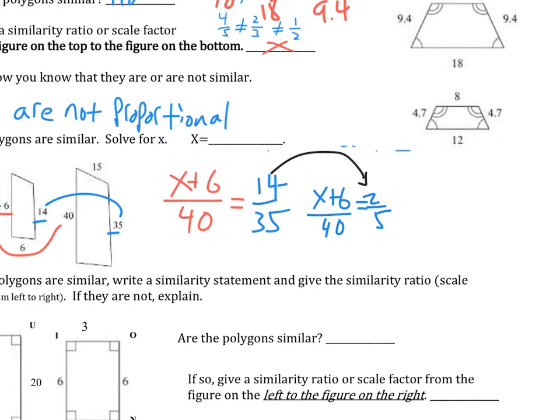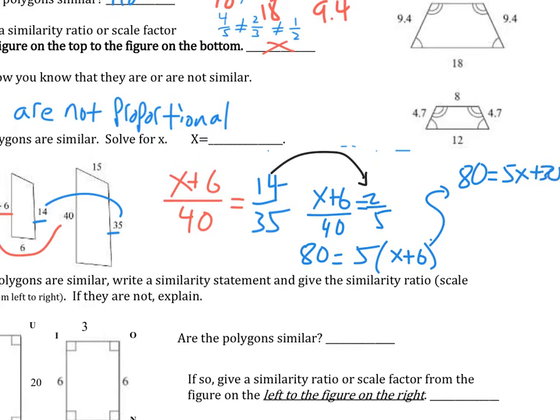And then we cross multiply and we get 2 times 40. And so that gives us 80 equals 5 times x plus 6. All right. And we get 80 equals 5x plus 30.